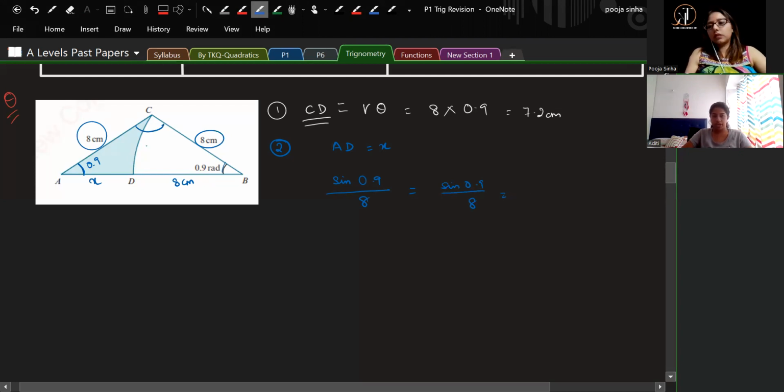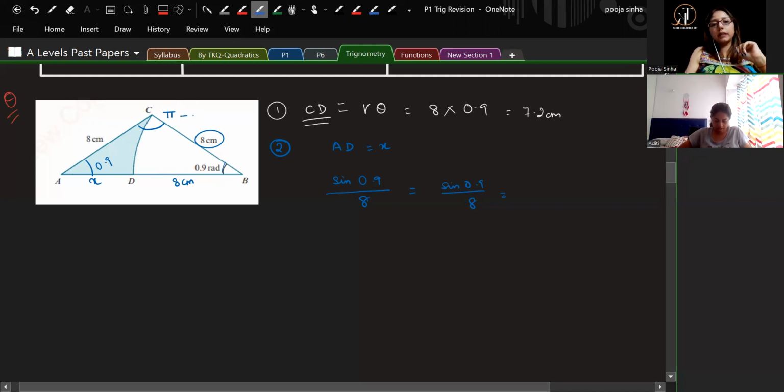Wait, okay. If 180, the total is pi. So if we take 180, that is pi rad, if I'm not mistaken. We are only talking in radians right now, so when you're doing it in the calculator also, convert everything to radians.